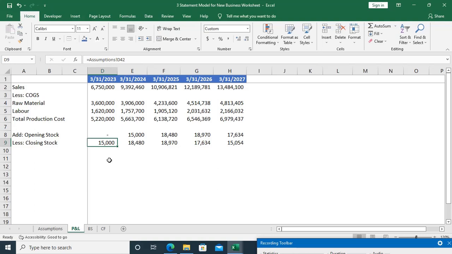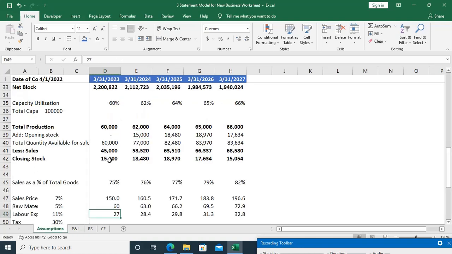So now tell me how to value these things. You have to multiply it by the production cost per unit, so you can calculate it. But in the assumption sheet, did we calculate the production cost per unit?